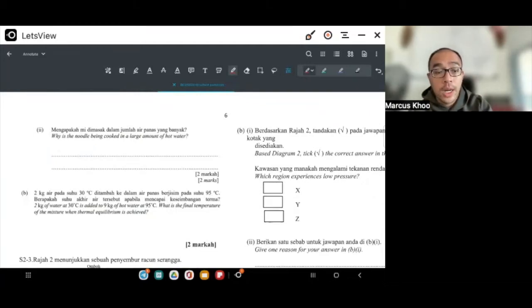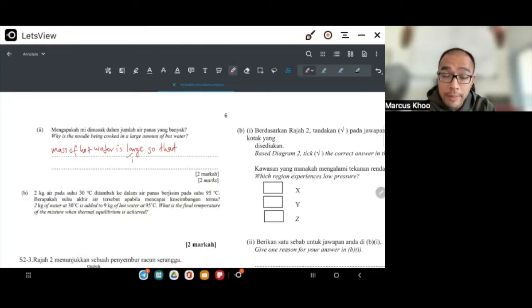Of course this is a 2-mark question. The first is that you need to state that the mass of the hot water is large. That is 1 mark. The mass of the hot water is large so that it has a large heat capacity, which is another mark.